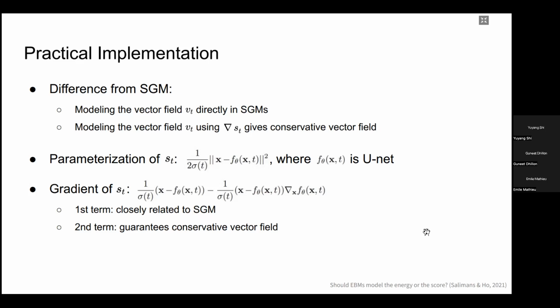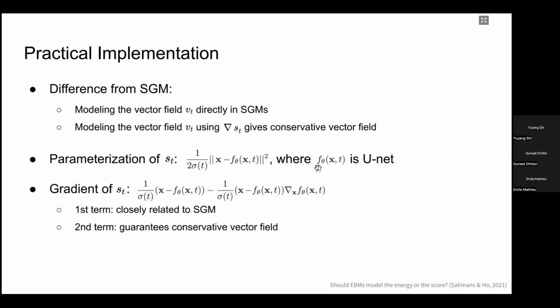But perhaps this paper experimented with different parameterizations of S_t, and I think they decided to use also a UNet model, but defining the S_t in terms of the UNet.